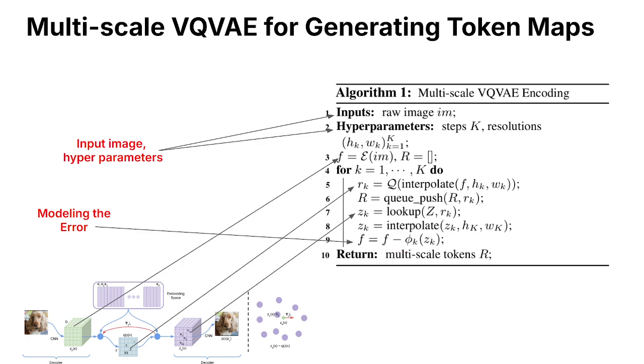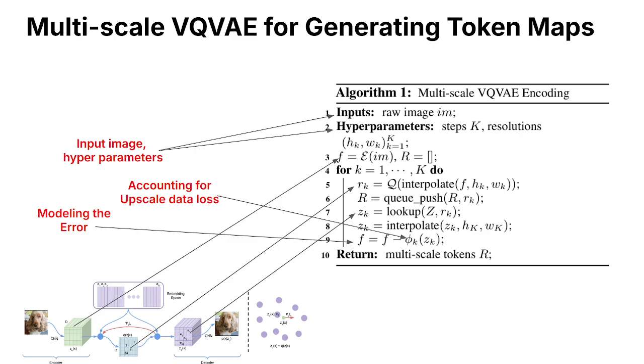We're not trying to understand the image itself in all the scales. On the first scale, we are trying to understand the image. On the second scale, we're trying to understand the difference between the image and the first scale. And on the third, we're trying to understand the difference between the image and the error of the first and second scale. So that's how the residual mapping is working.